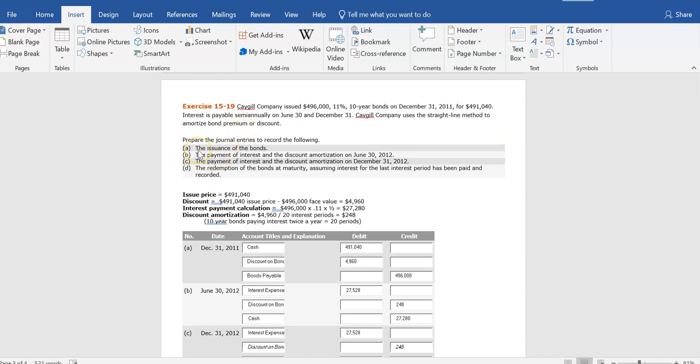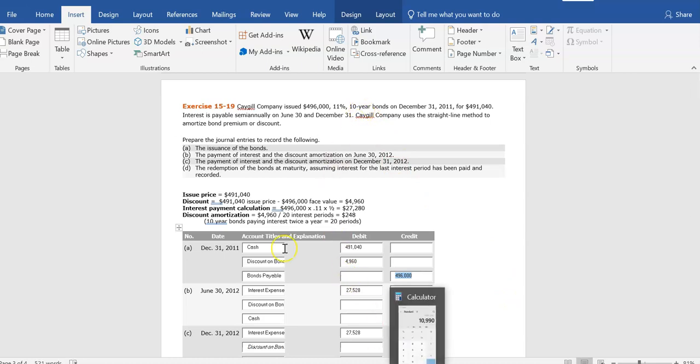All right, first journal entry is to record the issuance of the bonds. We were already told that the issue price is $491,040. Thus, when we issue them, we will receive cash of $491,040. The liability we record when the bonds are issued is the $496,000, or the amount these bonds will pay in 10 years.